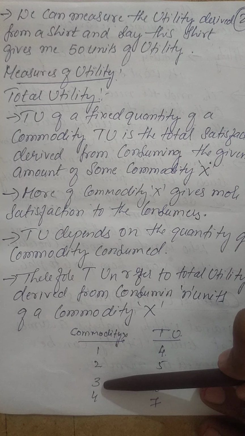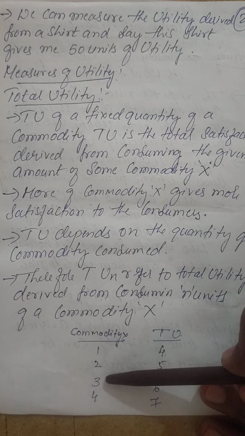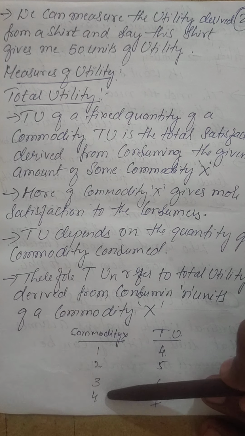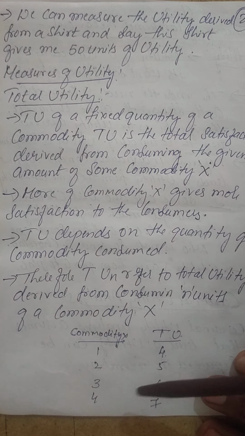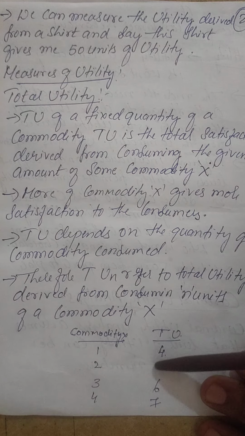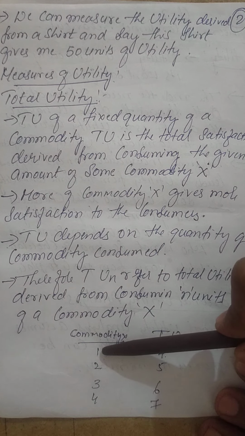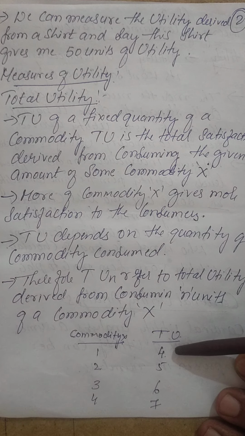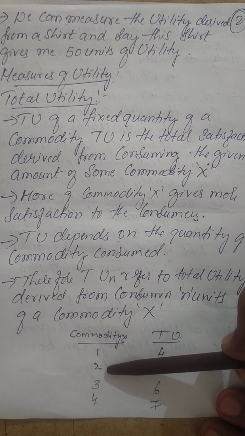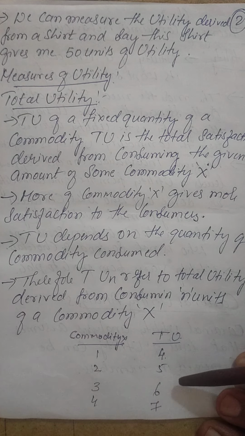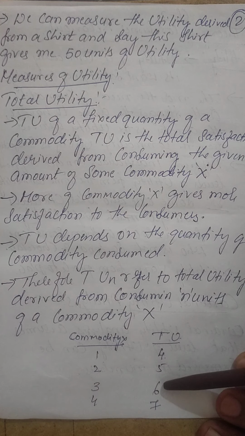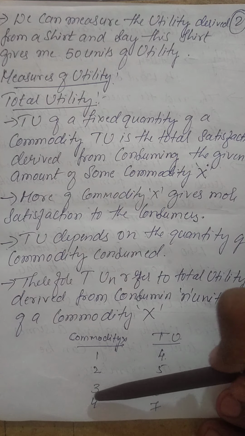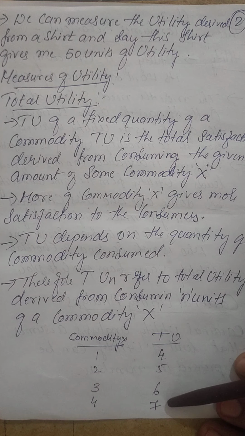We are consuming more, 1 after 2, 2 after 3, 3 after 4, and when we are consuming more, we get more satisfaction. For the first unit I consumed, total utility of satisfaction was 4 units. When I consumed the second unit, I got a satisfaction level of 5. When I consumed the third unit, I got 6. When I consumed the fourth unit, I got a satisfaction level of 7.